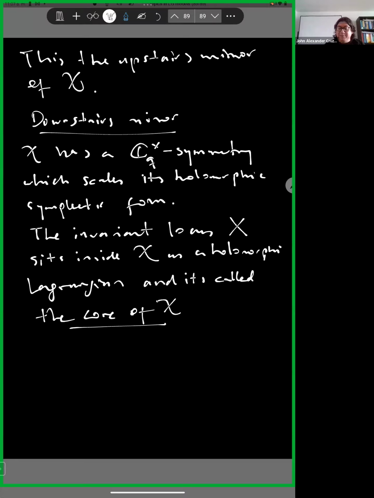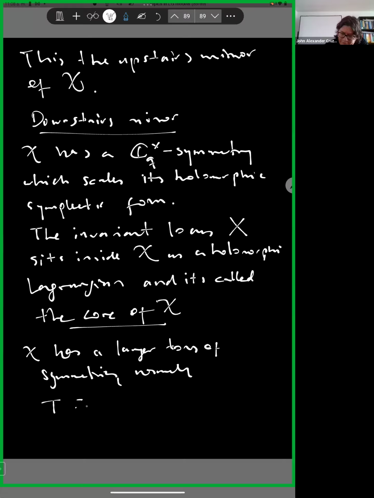So this is a Lagrangian submanifold of curly X. We also have to say that X also has a larger torus of symmetries, and I will call this torus T.